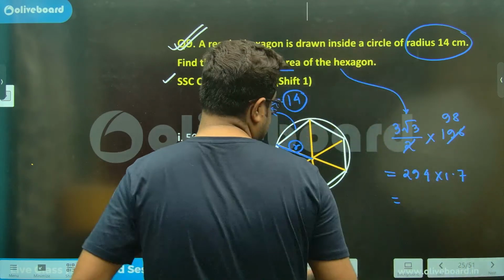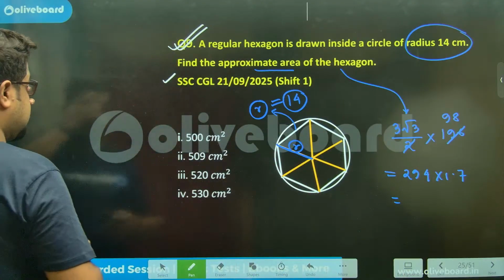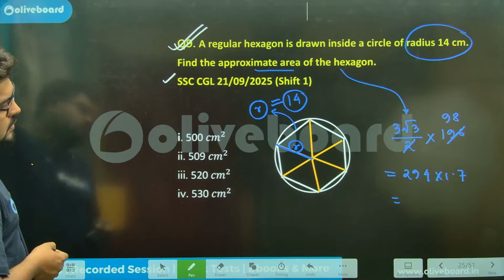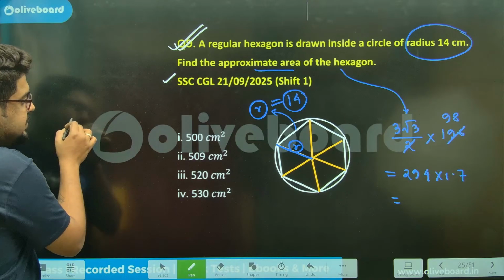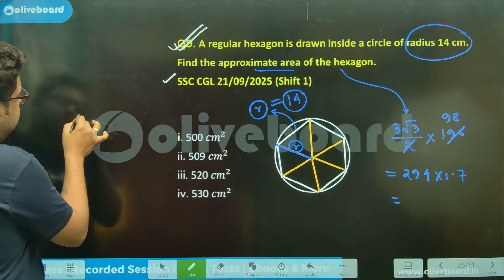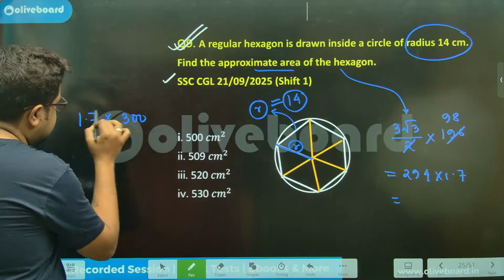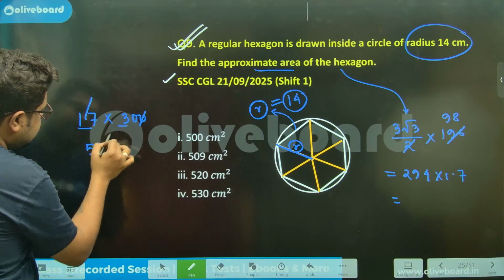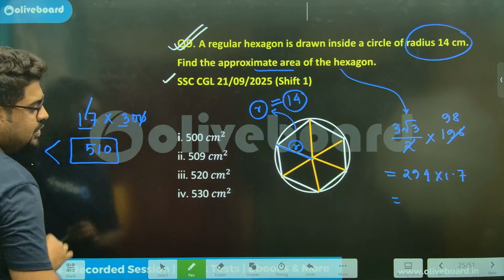Everything is approximate. We have to calculate. 294. Can we do it easier? No, we have to do it. If I consider this to be 300, 1.7 into 300, so 17 threes are 510. So my answer will be less than 510.